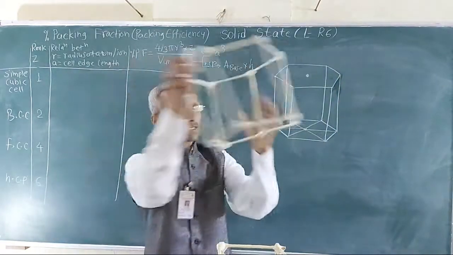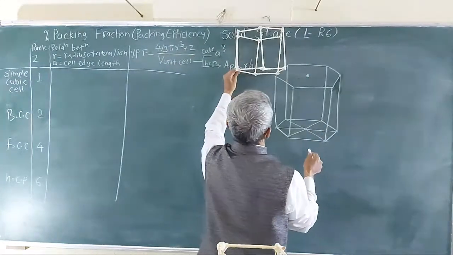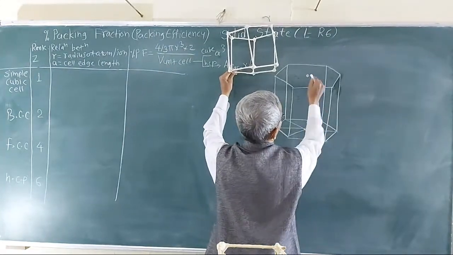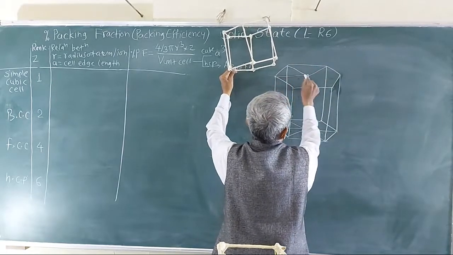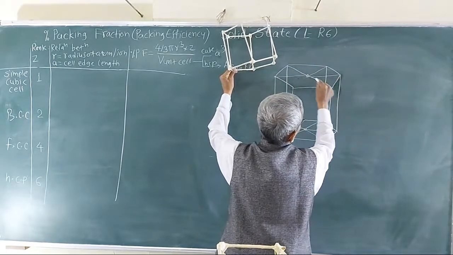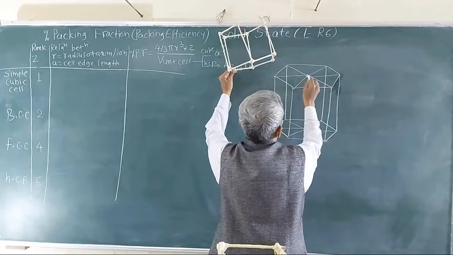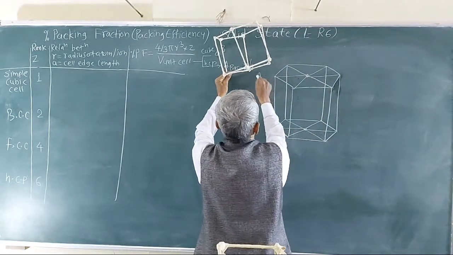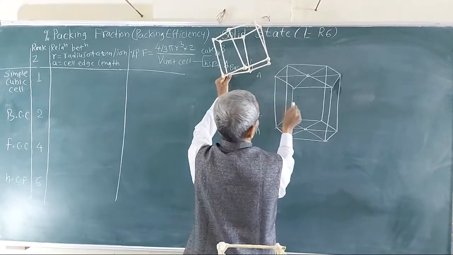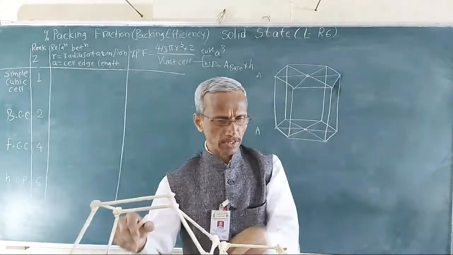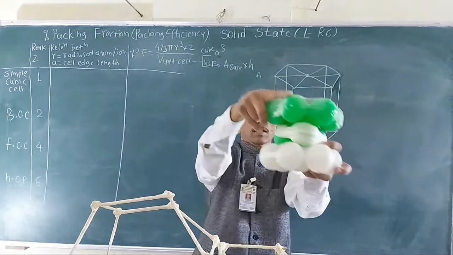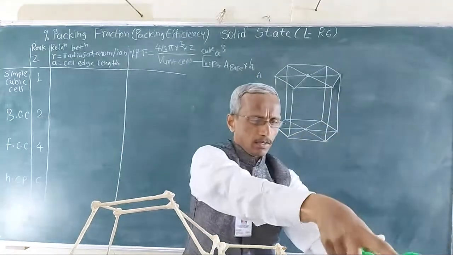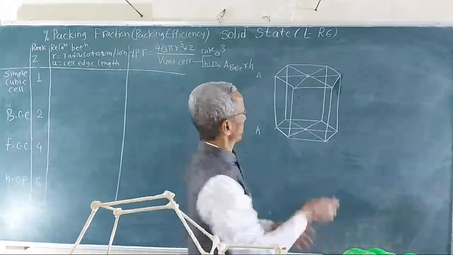At the center, there is also 1 atom. This is 1, 2, up to 6 in number. So this is the A layer, like this also, and in between this, as discussed here, A B A.